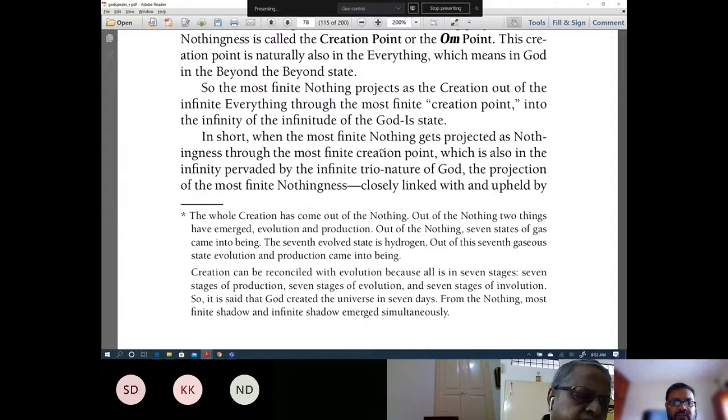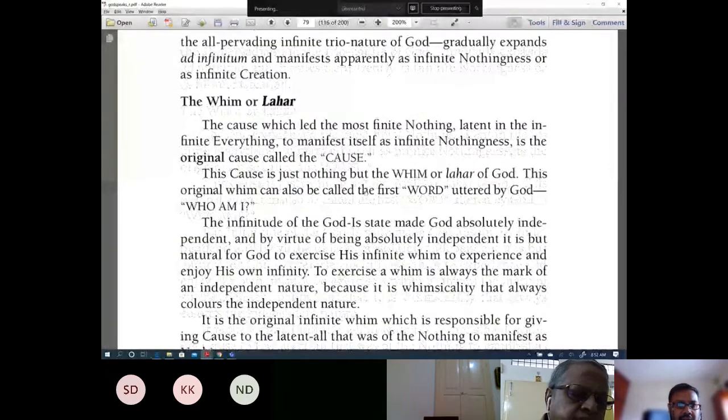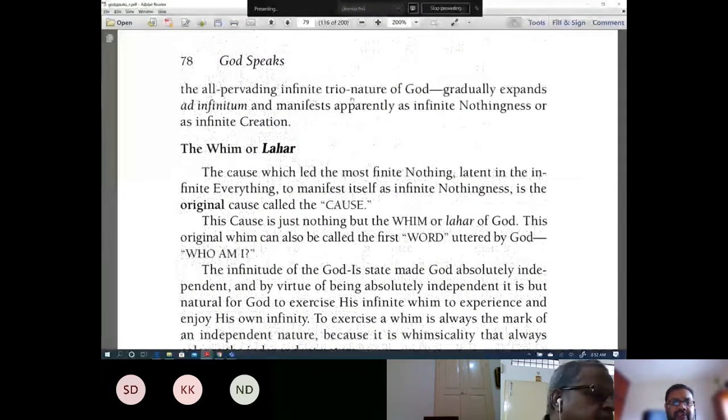In short, when the most finite nothing gets projected as nothingness through the most finite creation point, which is also in the infinity pervaded by the infinite trio nature of God, the projection of the most finite nothingness, closely linked and upheld by the all-pervading infinite trio nature of God, gradually expands ad infinitum and manifests apparently as infinite nothingness or as infinite creation.